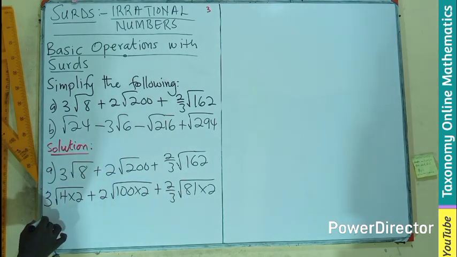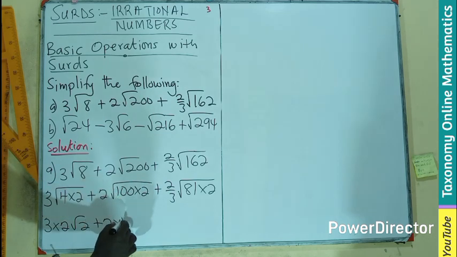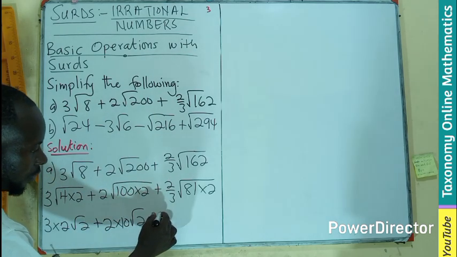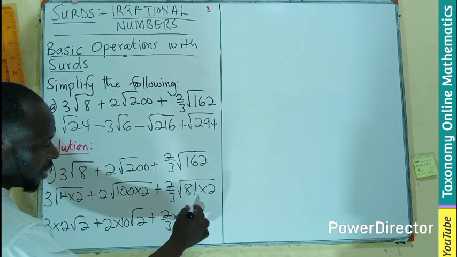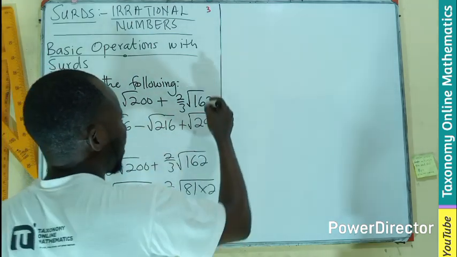As we have done this, remember the roots of the perfect squares are the first numbers you have in front. So this is going to be 3, then this becomes 2 root 2, as in this is the perfect square, plus the 2 here, root of 100 is 10. So times 10, the root of 2. Then 2 thirds, this is 9, the root of 2. So we simplify the terms in front. That will be 3 times 2, 6.